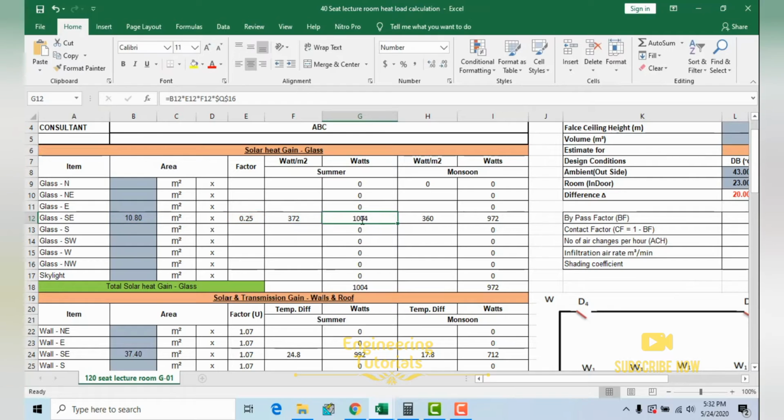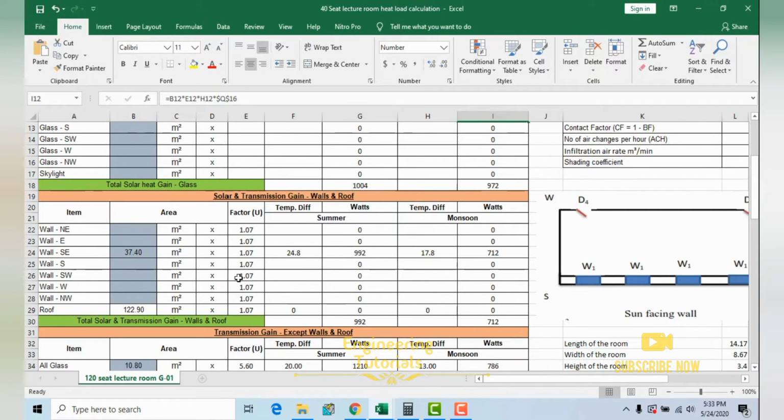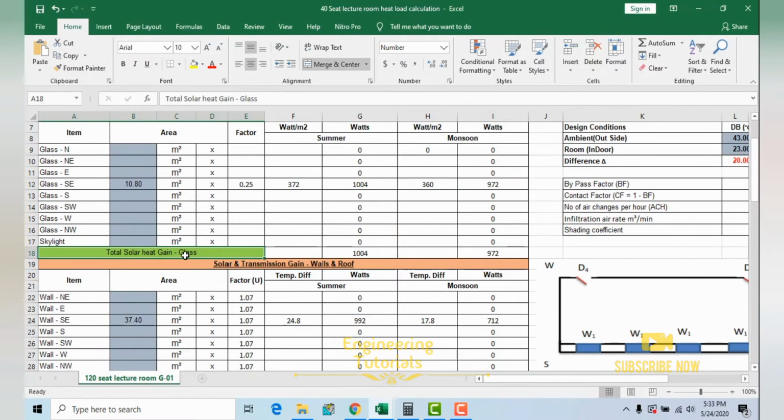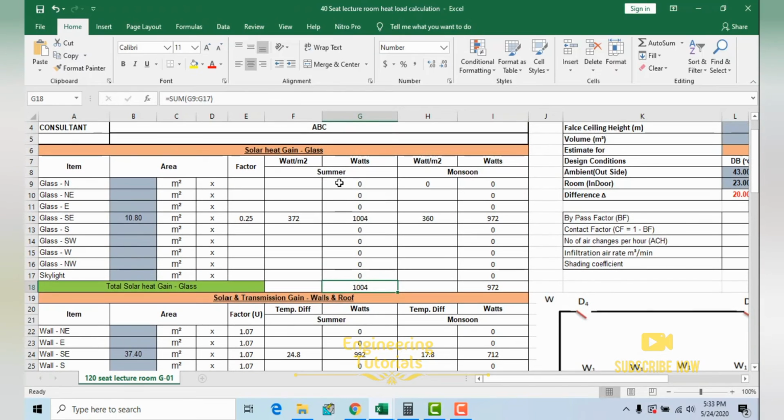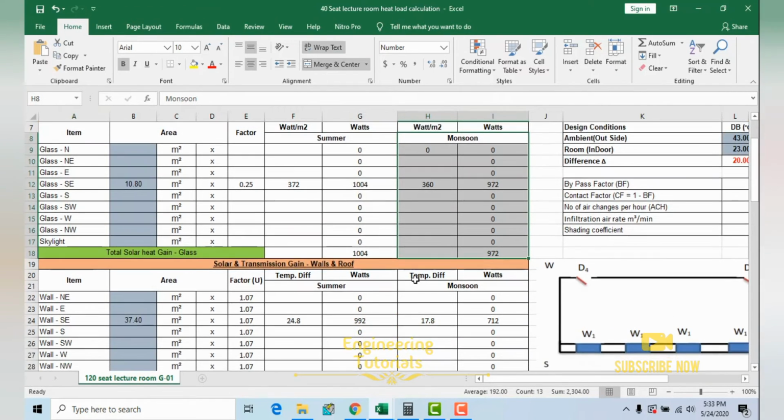So this is how we get 1004 watts for solar heat gain for the glass exposed to southeast wall. In the same way you have to calculate this one. At this point you have to use 360 instead of 372. So since we have only one glass exposed outside, that is to the southeast direction, total solar heat gain for the glass is 1004 for summer, and for monsoon is 972 watts.